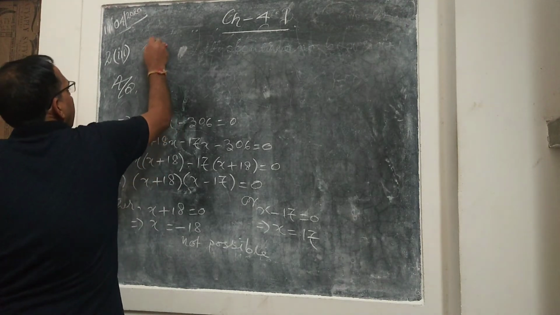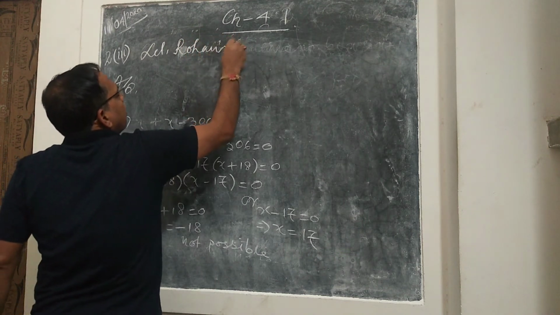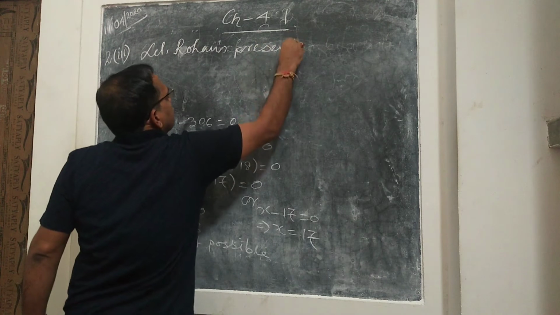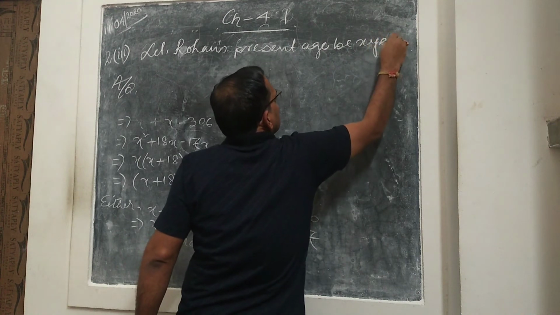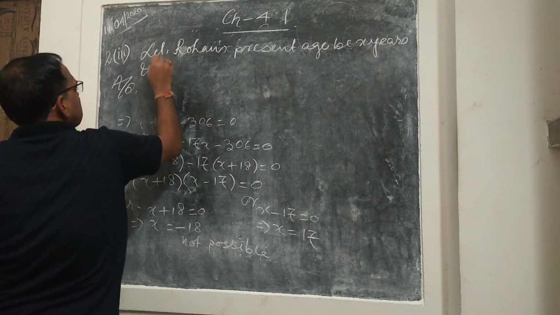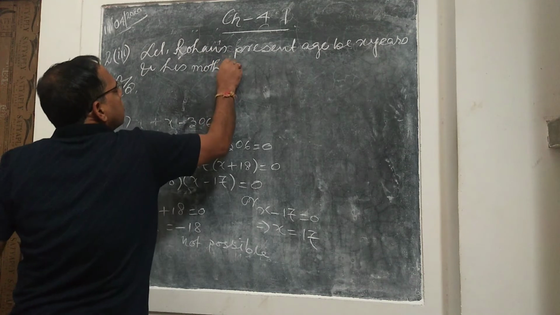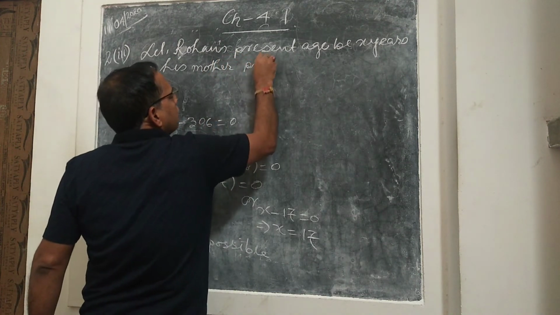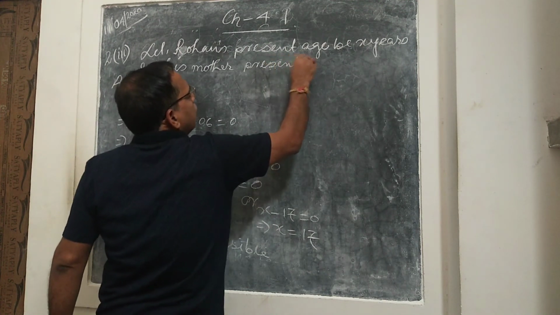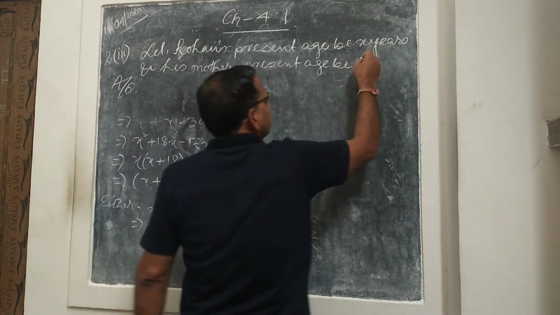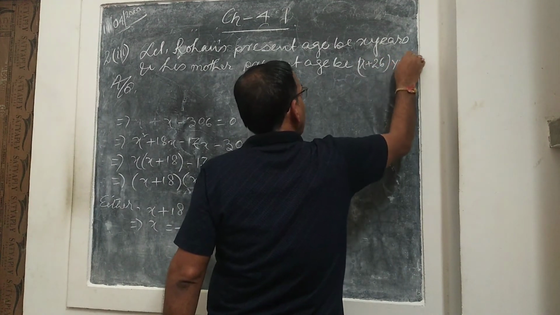So let Rohan's present age be x years and his mother's present age be x plus 26 years, older than Rohan.